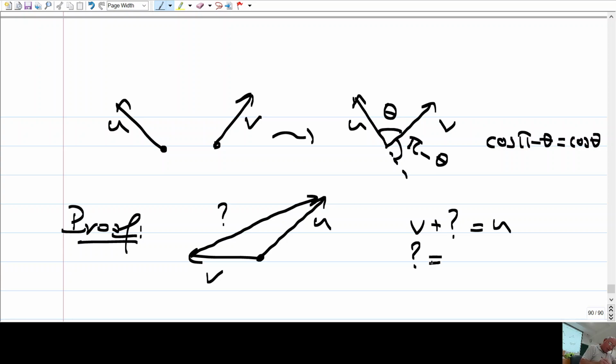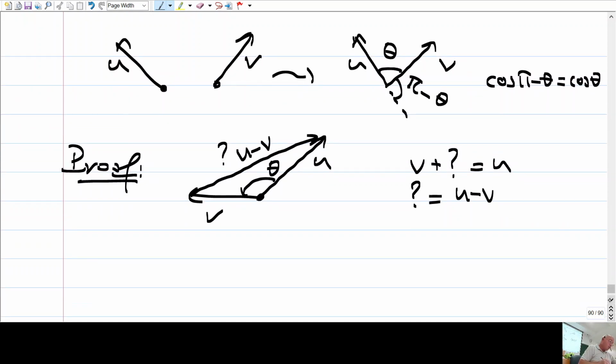So the question mark is just u minus v. So this is just the vector u minus v, okay? And then suppose this angle is theta. We just do the following. We apply the cosine law to this triangle.